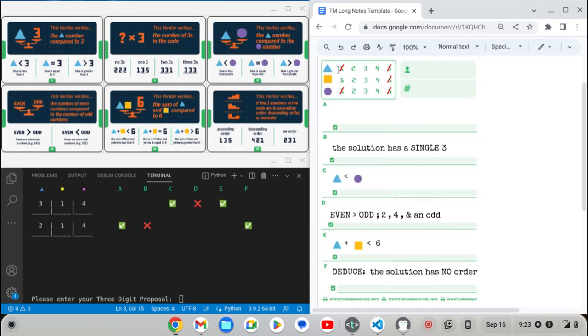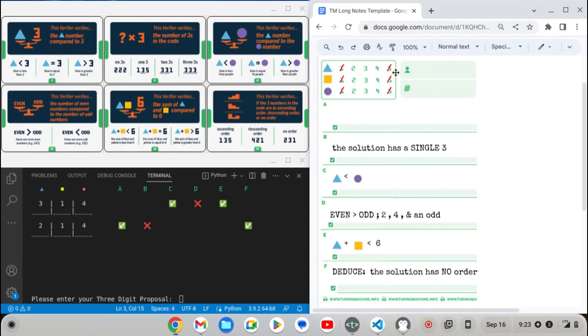That much is true. And I know that because criteria card D told us that there should be more evens, so there can only be 1 3, and criteria card B did not like the fact that it didn't have a 3. Okay?